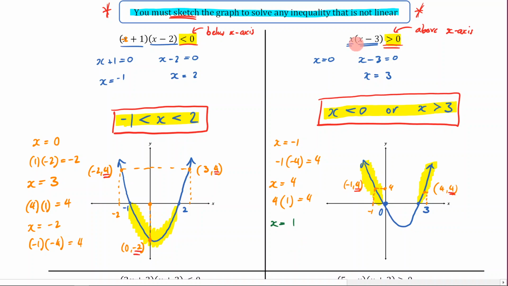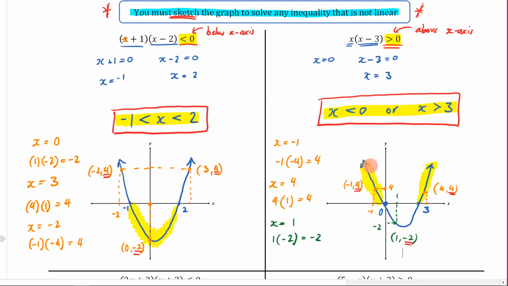If I put 1 into this, I would end up with a 1 in that x spot. Then I would end up with 1 minus 3, that's going to be -2. So when I put 1 in, I get -2 out. And again, we have to be looking at that output value there.